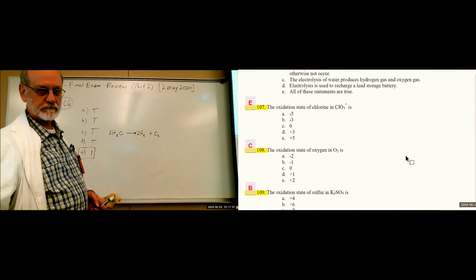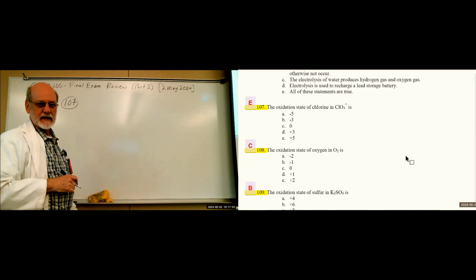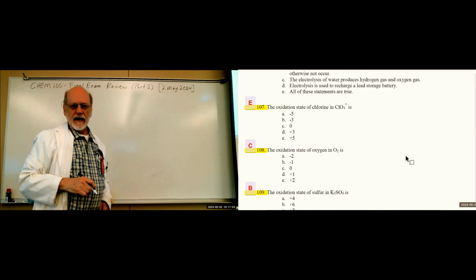107. Oxidation state of chlorine in the chlorate ion. Chlorate polyatomic ion. So remember, the total of the oxidation states has to be the charge on the ion.